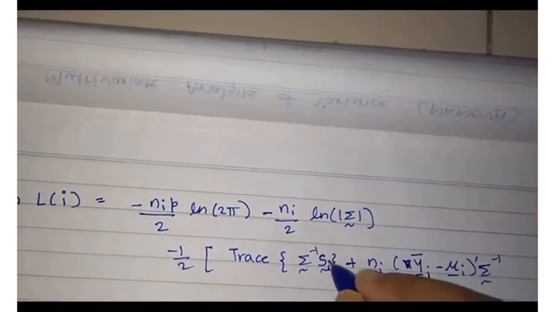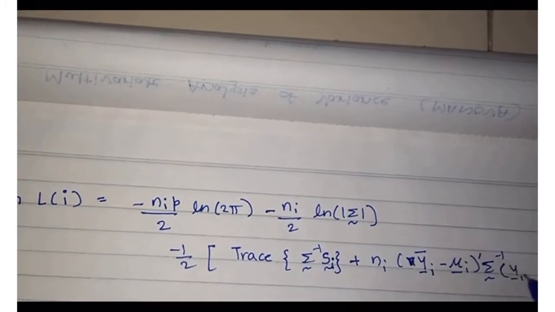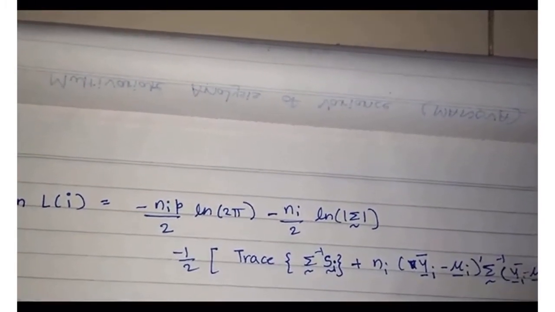I need to write S_i also because my CSSP matrix will also be different.